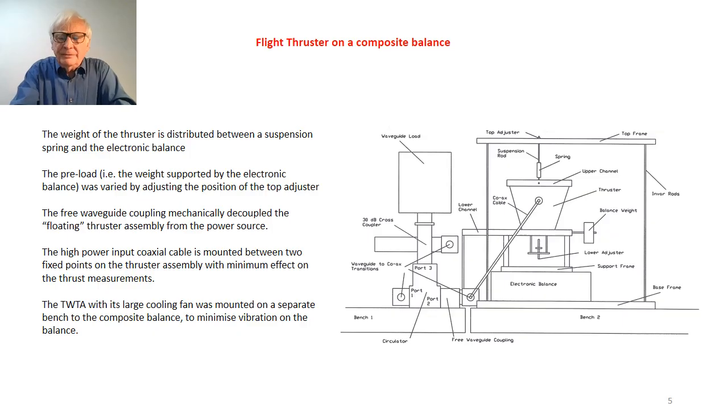We saw in the previous lecture a general view of the test equipment for the flight thruster, and now we'll look in detail at the balance which is used to actually measure the thrust. Now, this is what I call a composite balance because it actually contains two spring elements.